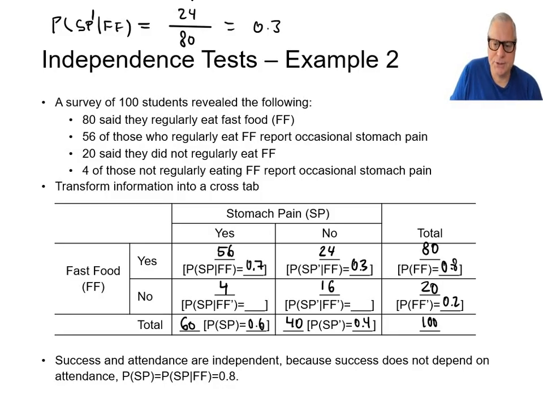Okay, so next, what's the probability that among those who are not regularly fast food eaters, so FF prime, of which we have a total of 20, somebody has occasionally stomach pain? Well, that's 4. So now we have 4 over 20, which is 0.2.